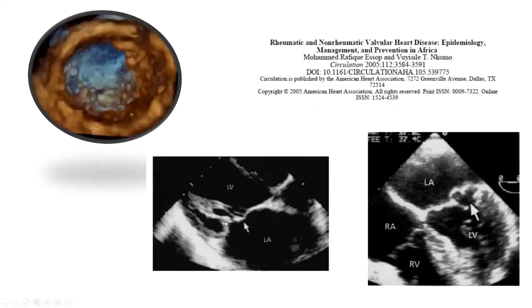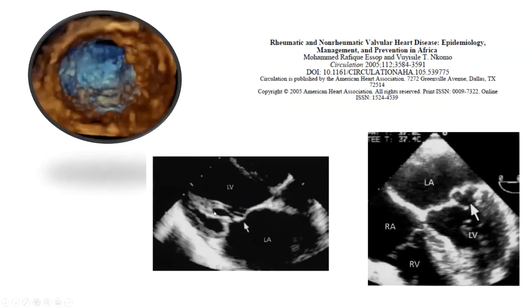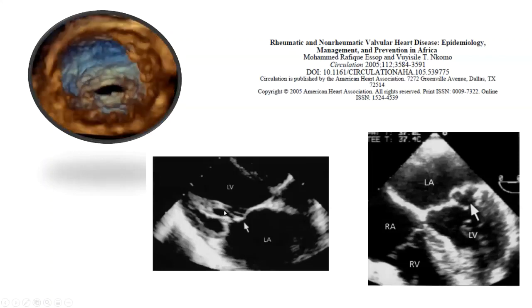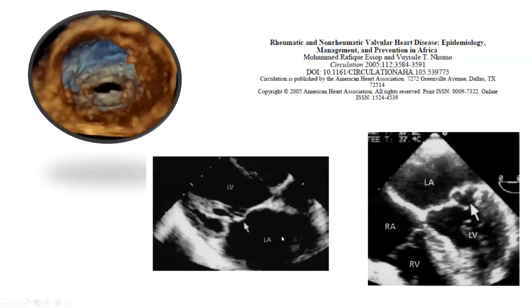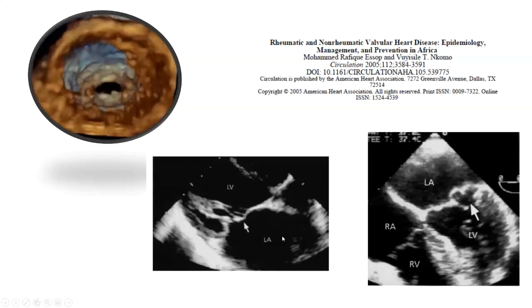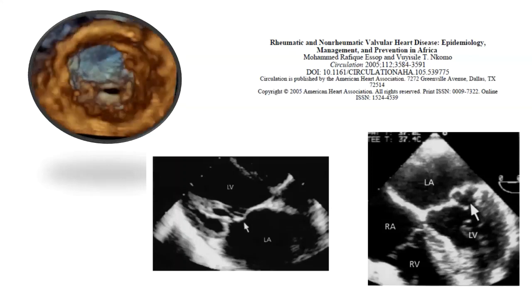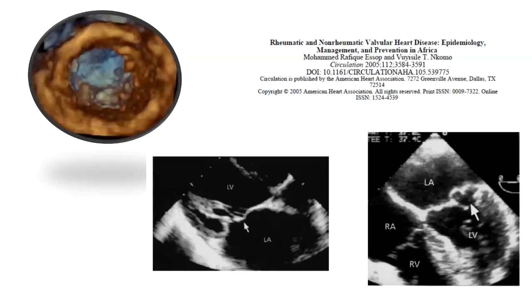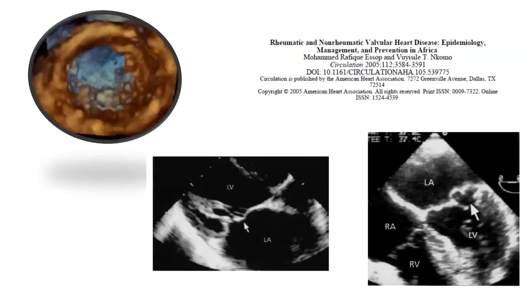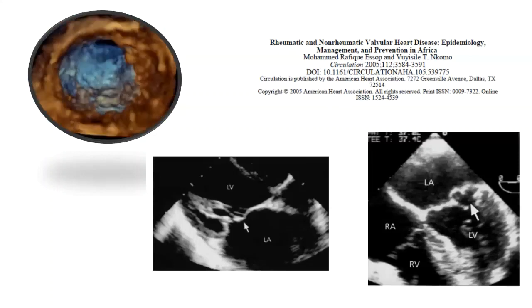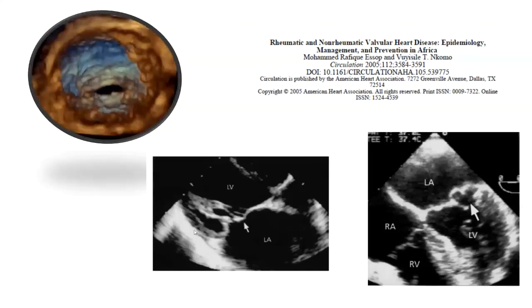With rheumatic disease, if there is chordal shortening and fusion, and you could get a hint of that here, the anterior leaflet may prolapse relative to the posterior leaflet. Of course, one can also see this in so-called ischemic MR, where there is apical displacement of the papillary muscles and tethering of the pap muscle.